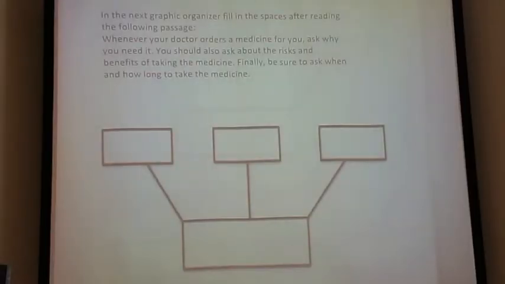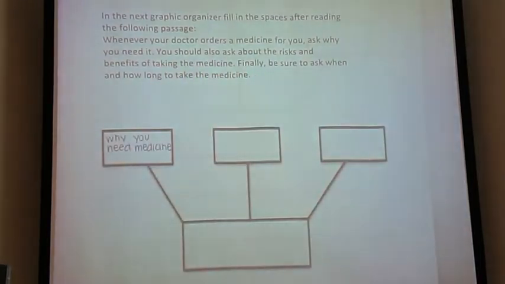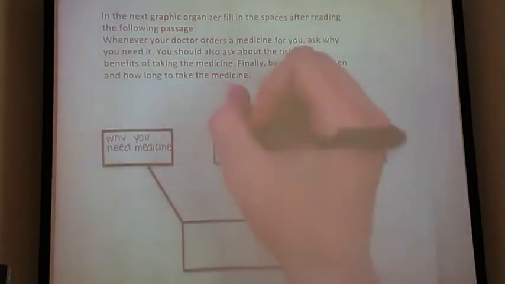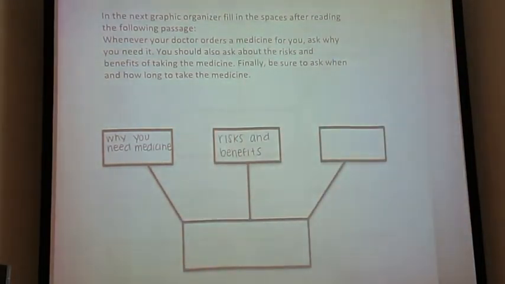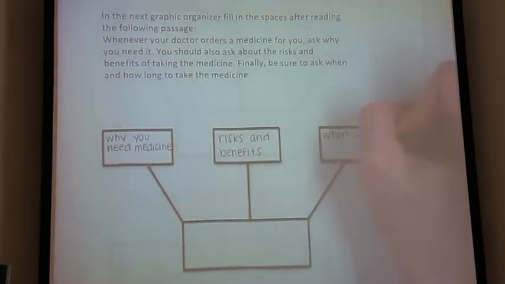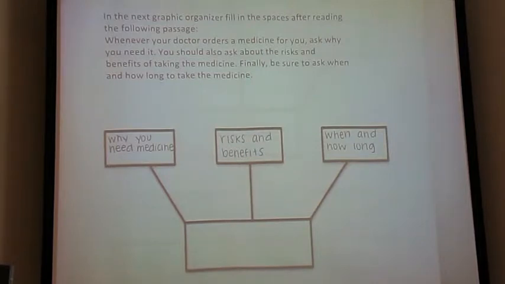Here's what your graphic organizer should look like. Your 3 supporting details should be why you need the medicine, the risks and benefits, and when and how long to take the medicine. It's alright if your answers are shorter than this, as long as they are similar to these.